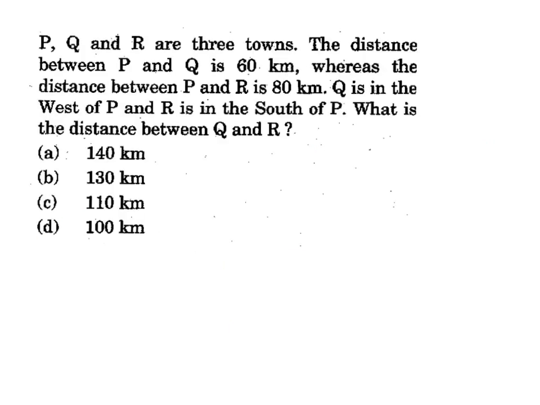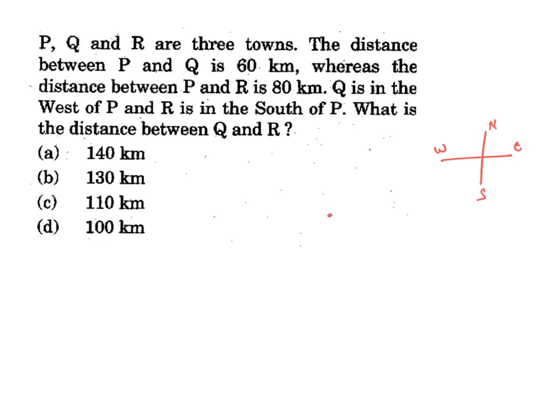P, Q, R are 3 towns. The distance between P and Q is 60 kilometers, whereas the distance between P and R is 80 kilometers. Q is west of P and R is south of P. What is the distance between Q and R? First, the directions north, south, west and east.